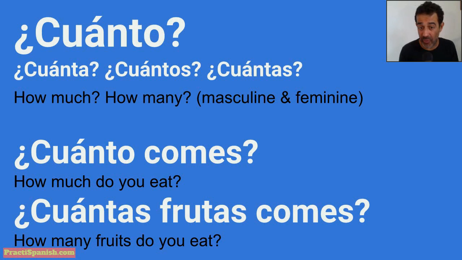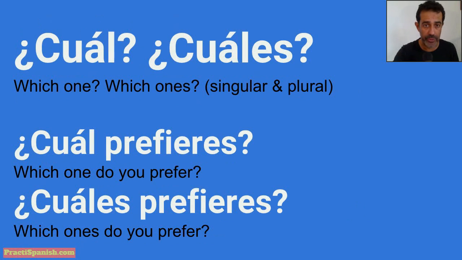Okay? If instead of frutas, I would want to ask about chocolates, which is masculine, el chocolate, I would ask, ¿cuántos chocolates comes? Remember, cuánto, but there are masculine, feminine, singular, and plural versions.